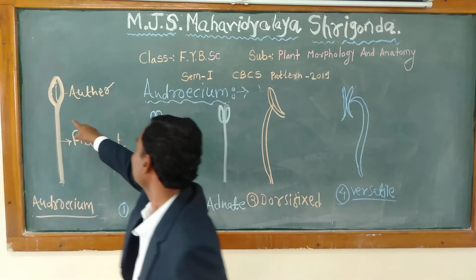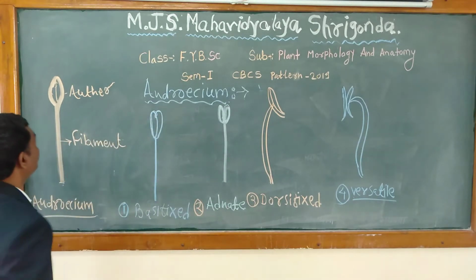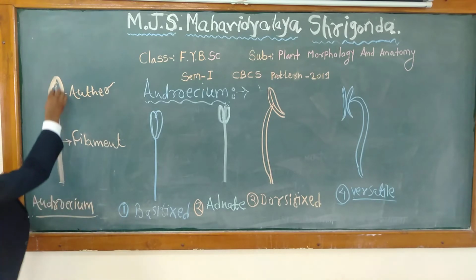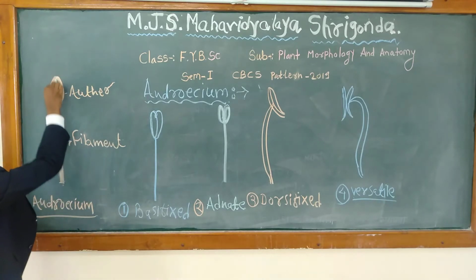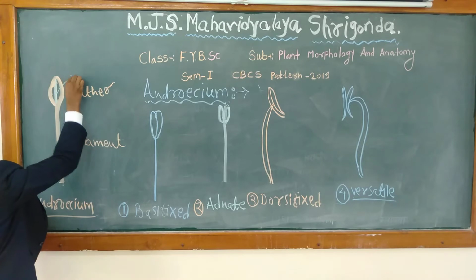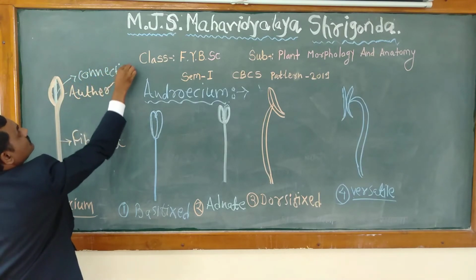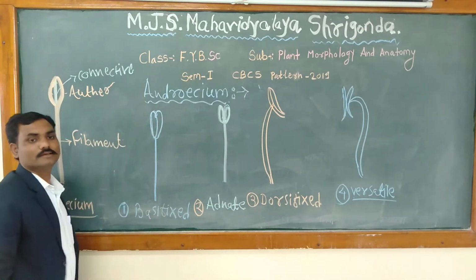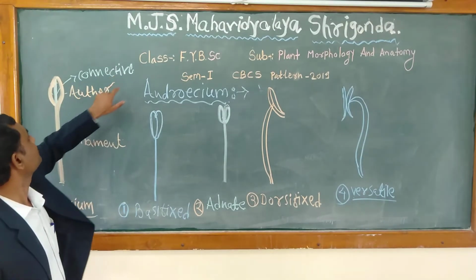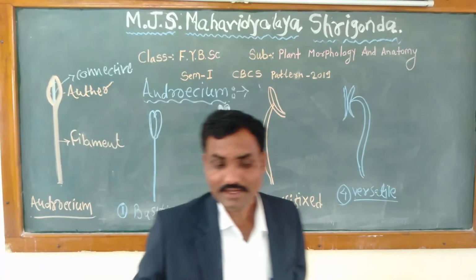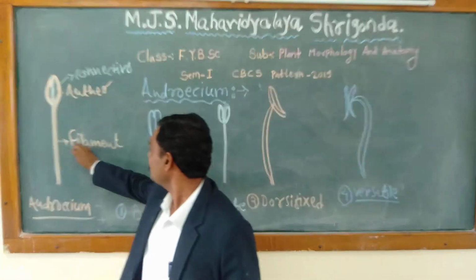This is the typical structure of the Androecium. This is a filament, here is a connective. Then what about the filament? This is a filament.